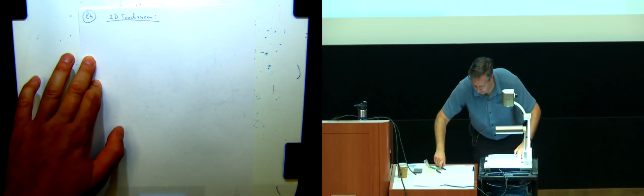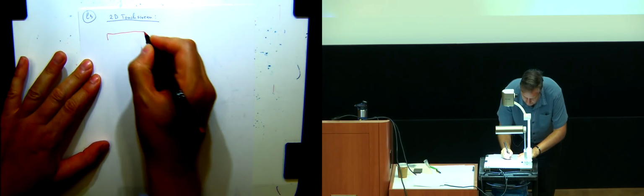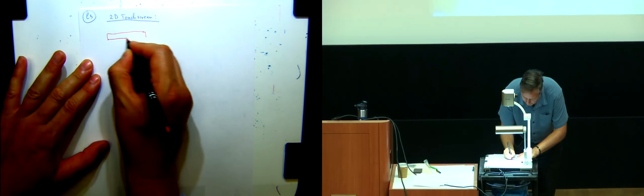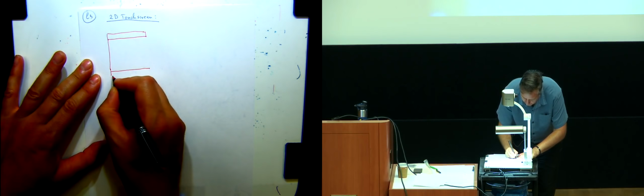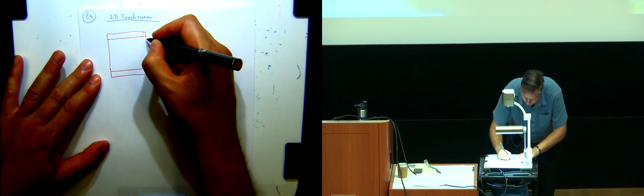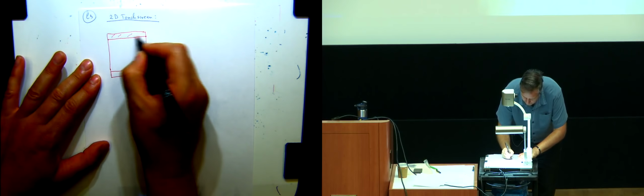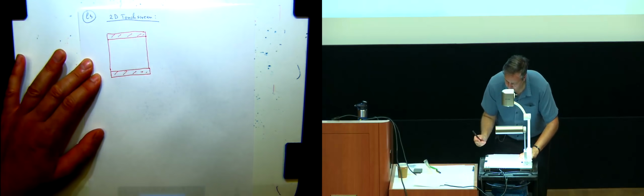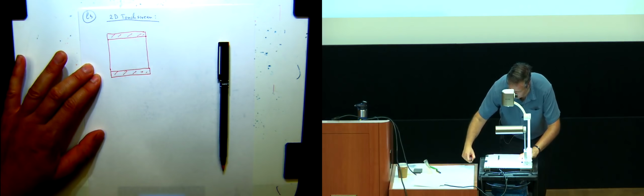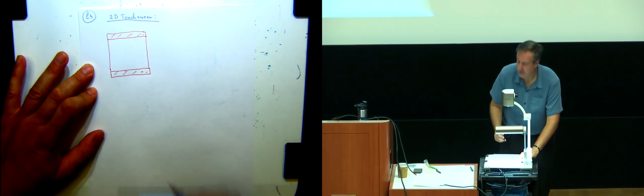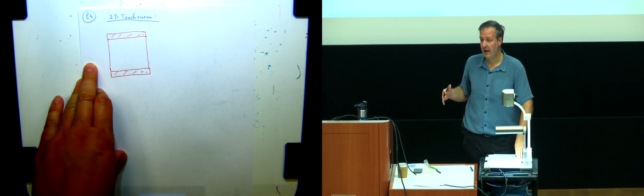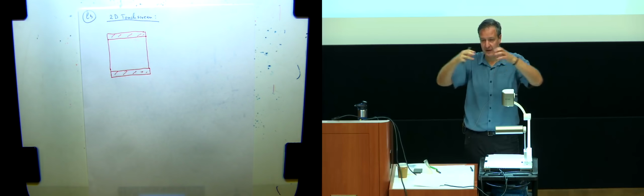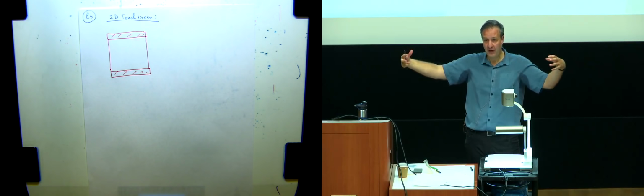Okay, so let's put my artistic skills to test here. Okay, so this is going to be our top sheet. And just like we did with the 1D touchscreen, there was like a red thing, which was a top conductor.